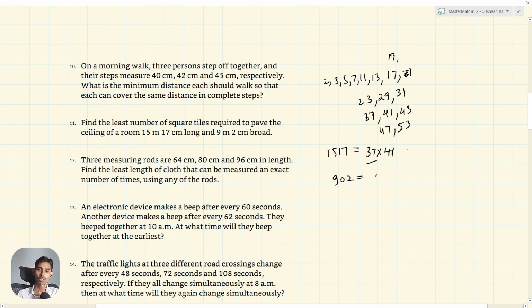So you can again go to this only. For this question, I did the hard work, but you could check out of these. If it is, then that's the HCF. Anything out of these could divide this 902.